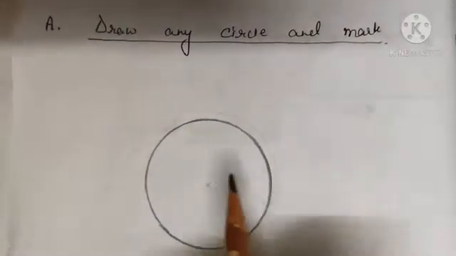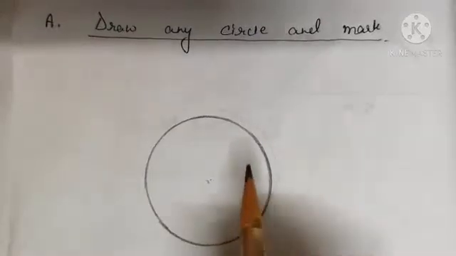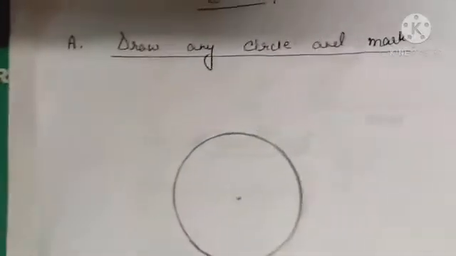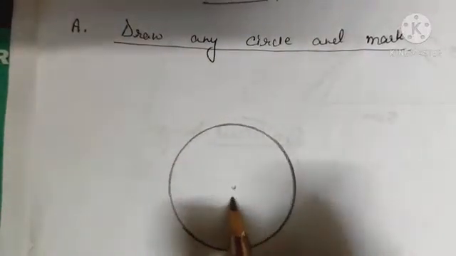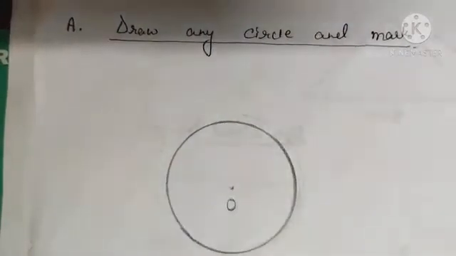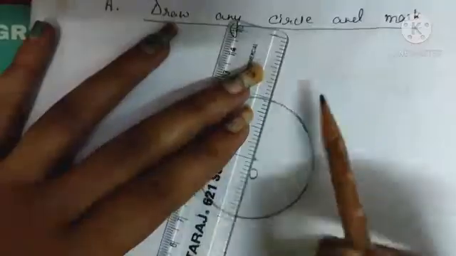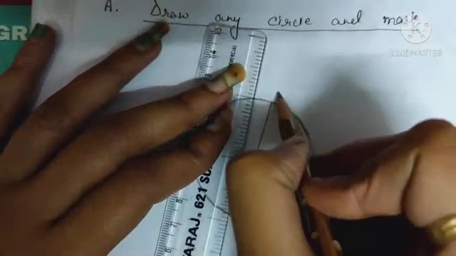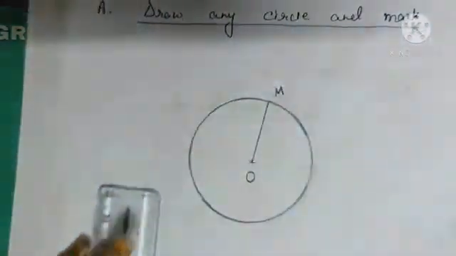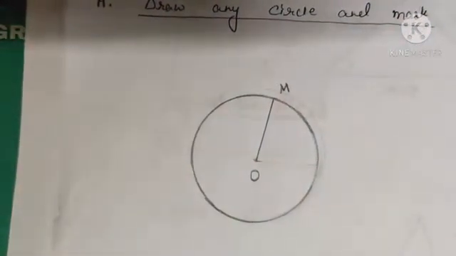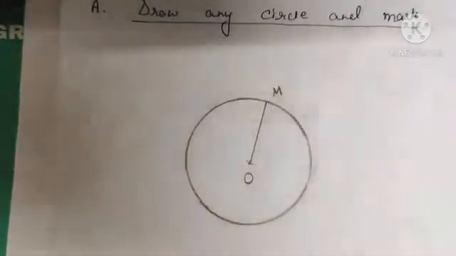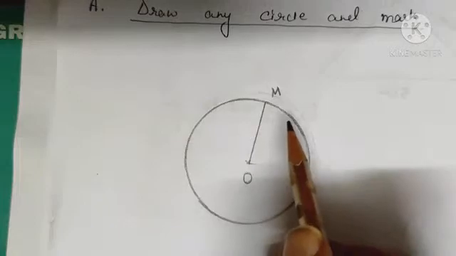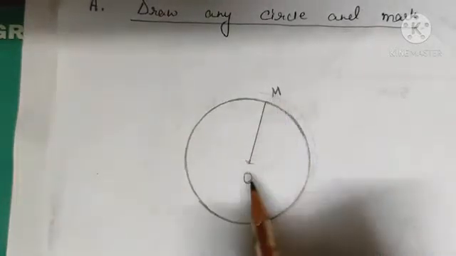So first we draw a circle. I have already drawn it. Here we mark a point, its center, O. Then its radius here, OM is the radius. A distance from the center to any point on the circle is called its radius.